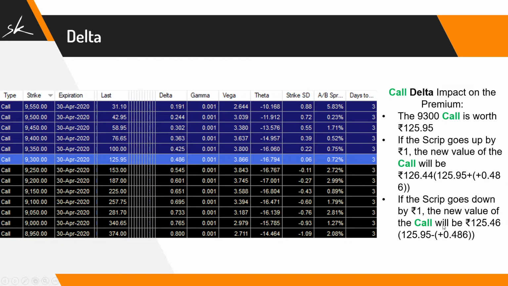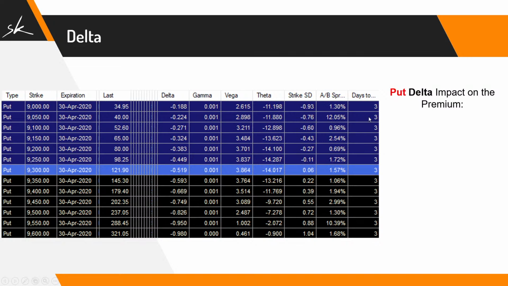It will go down by 125.95 minus, because these are positive deltas, minus 0.486. So this minus this is going to be 125.46, right? So this is the participation. This is just an example of how the delta will be impacting the option's premium.